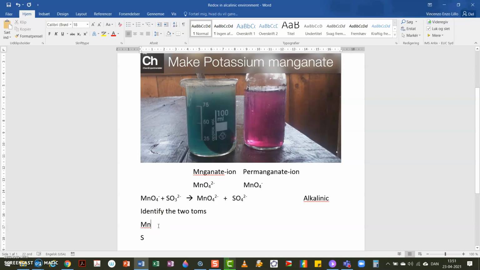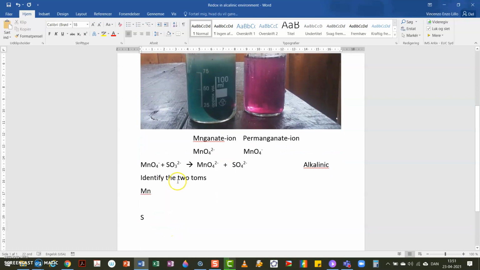So about the manganese, well, it goes from having which oxidation state? Well, everything must be equal at the left side of the arrow to -1. There are 4 oxygens, they count as -8.